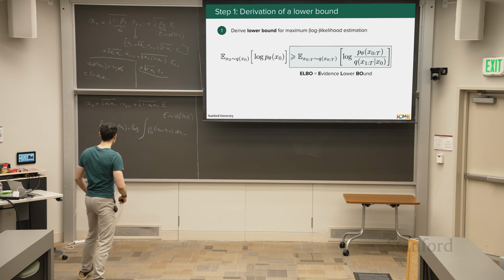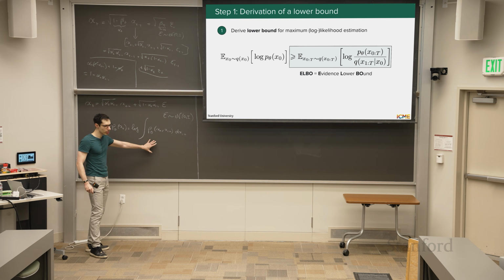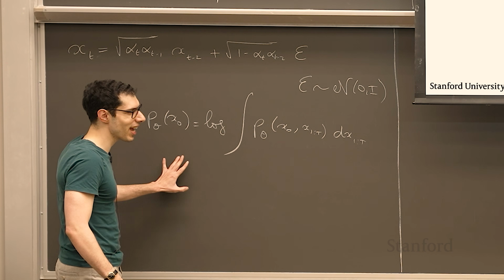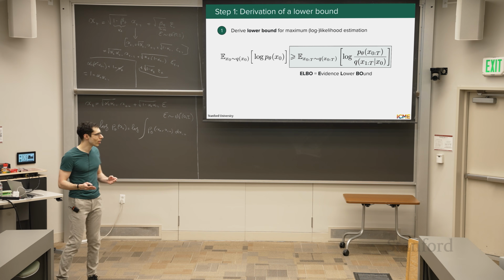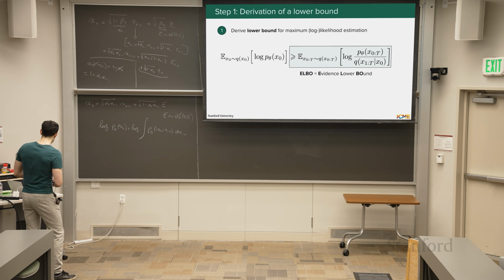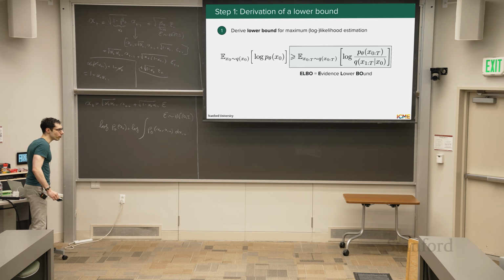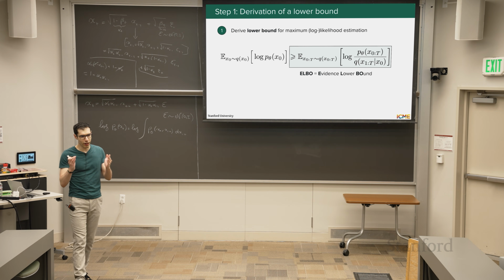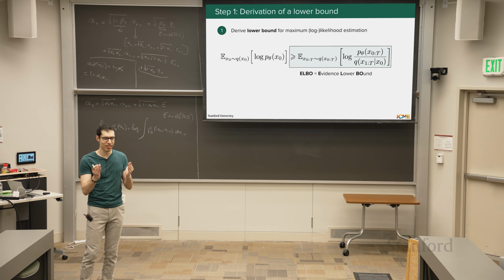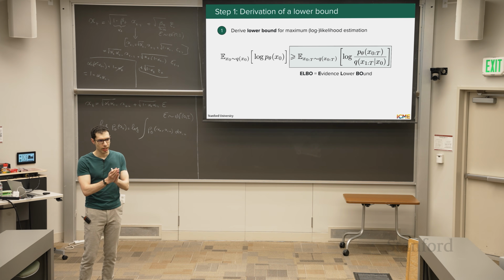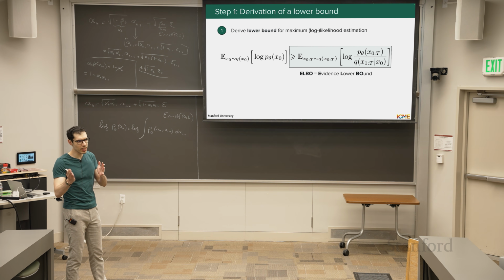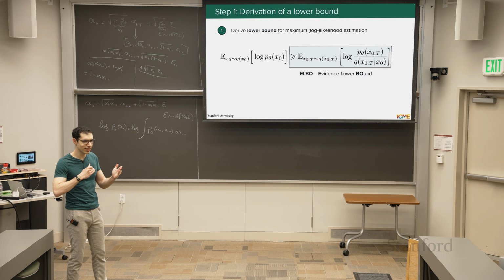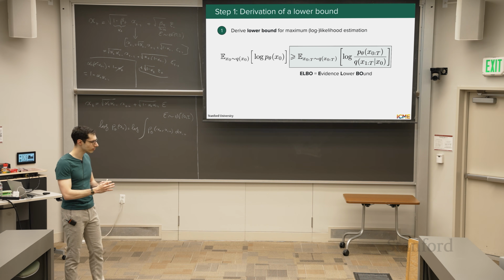So I told you that this expression is something that we cannot compute because it's intractable. So a common trick that people use is to find something that is easy to compute, that is not necessarily the quantity of interest, but maybe a bound that is close to what you want.